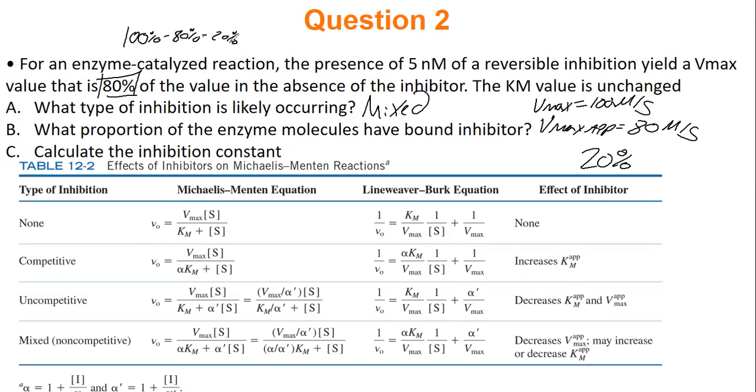Well, one equation to get alpha prime is Vmax apparent equals Vmax divided by alpha prime. Or if I rearrange that, alpha prime equals Vmax divided by V apparent.